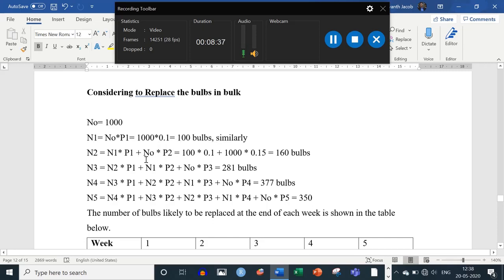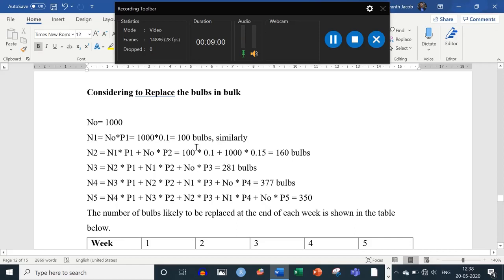But the fact is, compared to N naught, N1 is a small number, and therefore we choose to ignore that number. And it's also possible that there could be a higher probability of the bulbs failing also. So we, although logically might think it should have been N naught minus N1 into P2, we ignore N1 because it's relatively smaller in comparison to N naught.